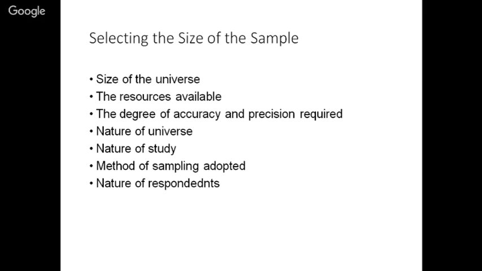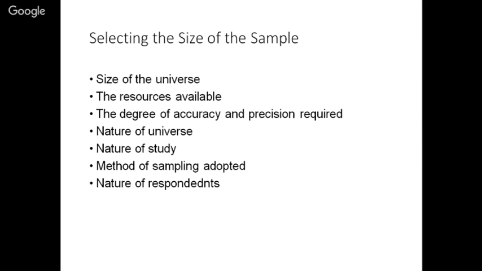If the size of the universe is small, a smaller sample can also represent that particular population. The number of resources available. If we have immense resources at hand, we can select a larger sample, but resources are a bigger constraint in research. So depending upon the resources, we select our sample sometimes.